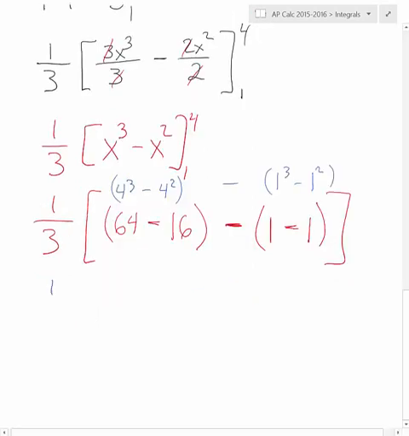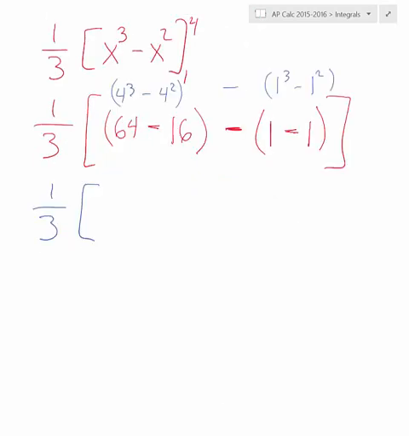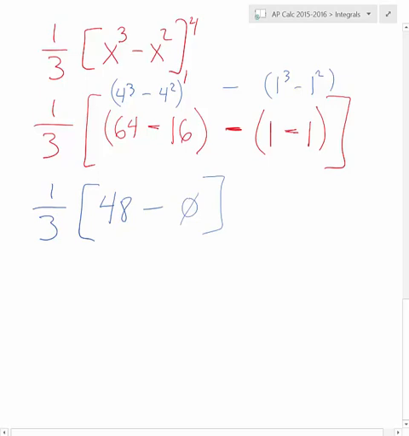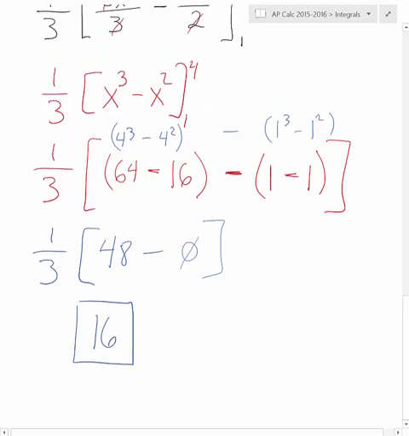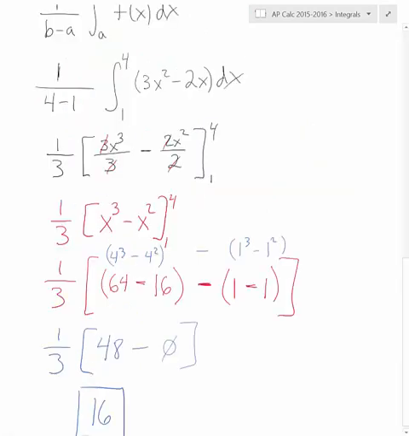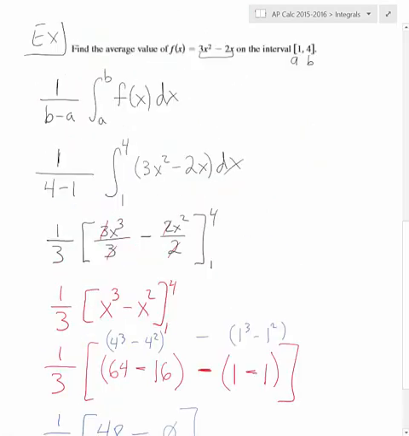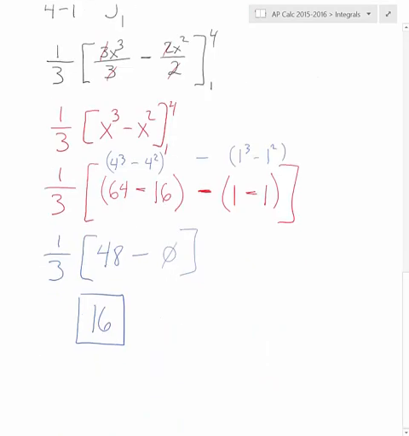And then from here we have 1/3 times 64 minus 16 gives us 48, minus, in this case, 1 minus 1 is just 0. And so 1/3 times 48 is 16. So the average value of this function from 1 to 4 would be 16.